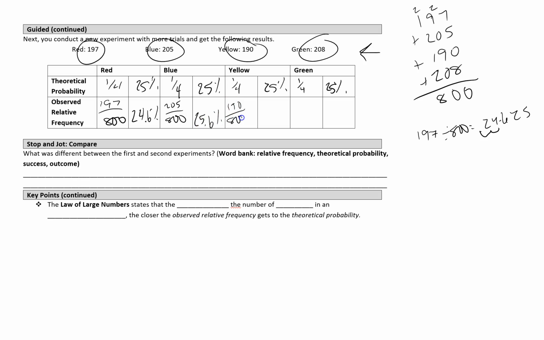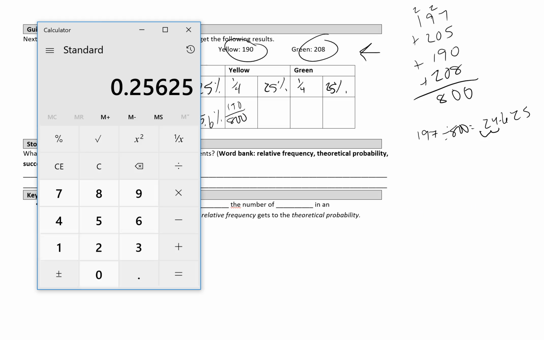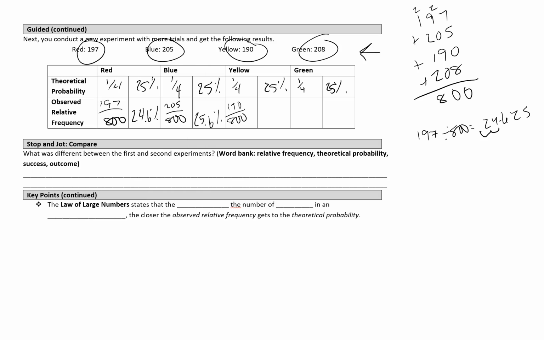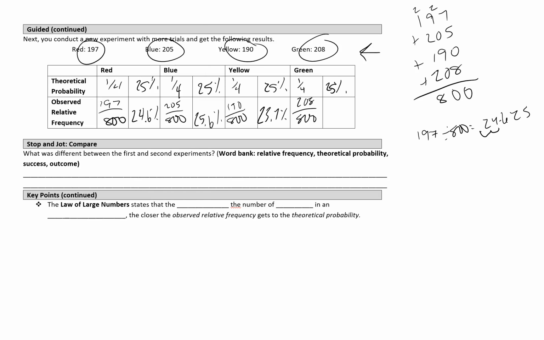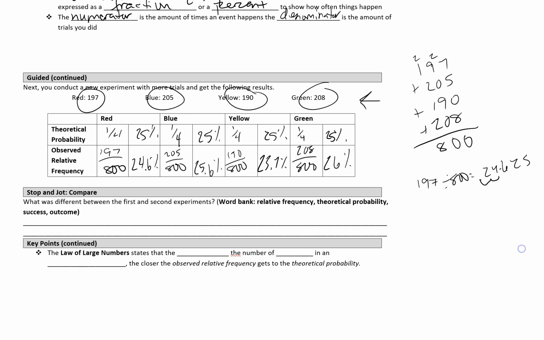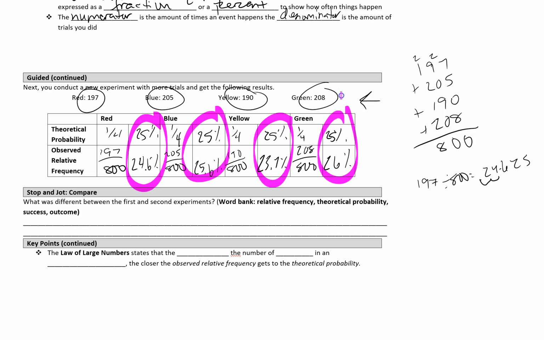And then we move a little faster through these. 190 out of 800, 23.7%. And then last one, 208 out of 800. 26%.